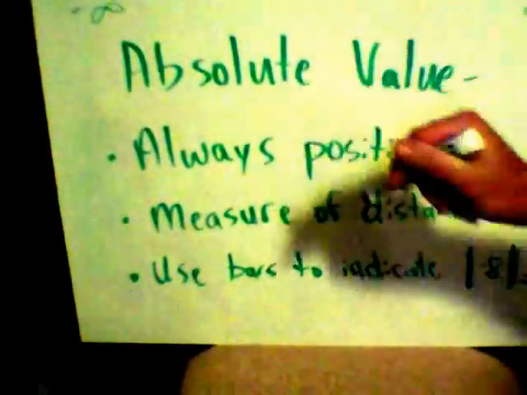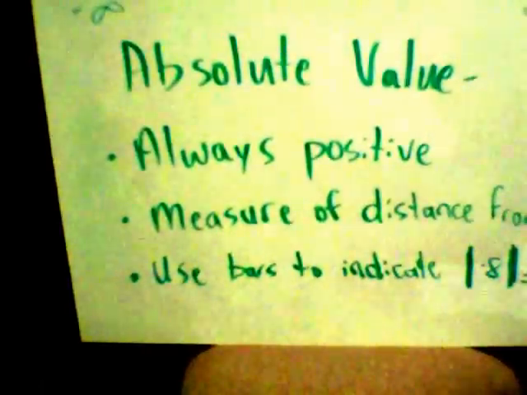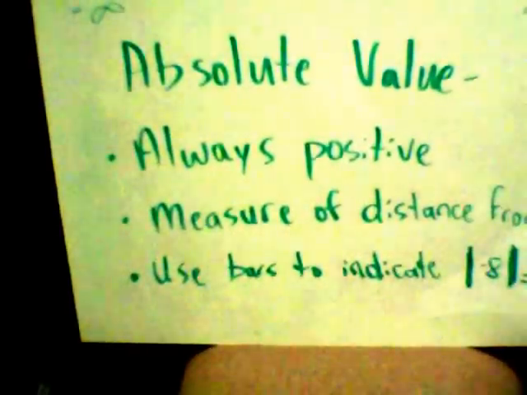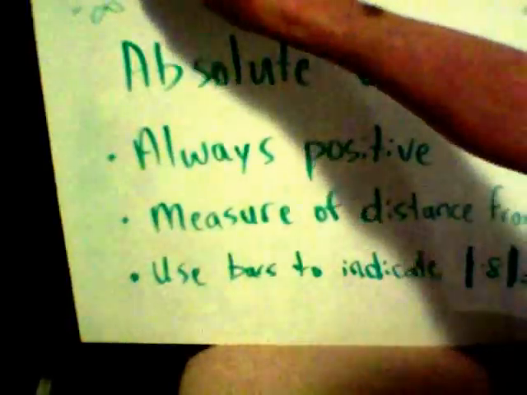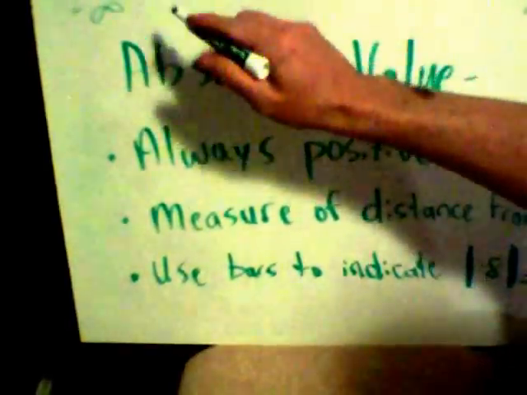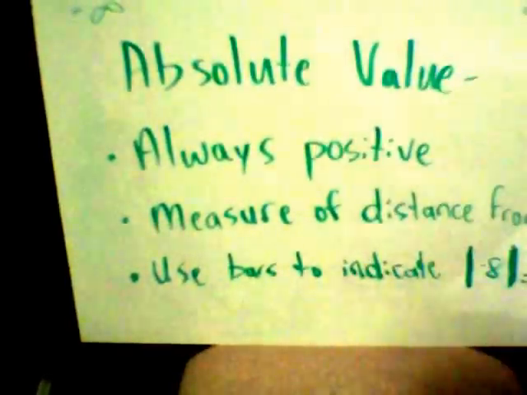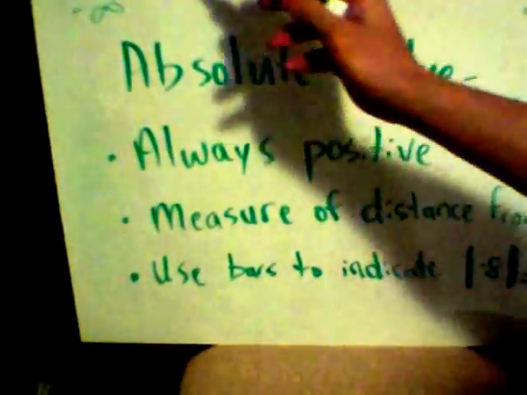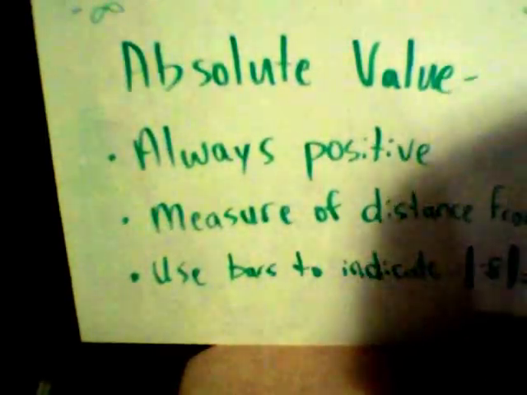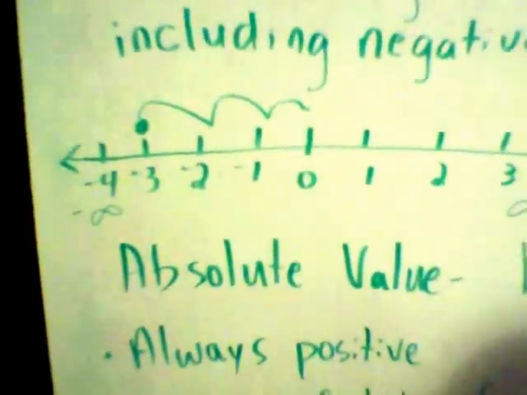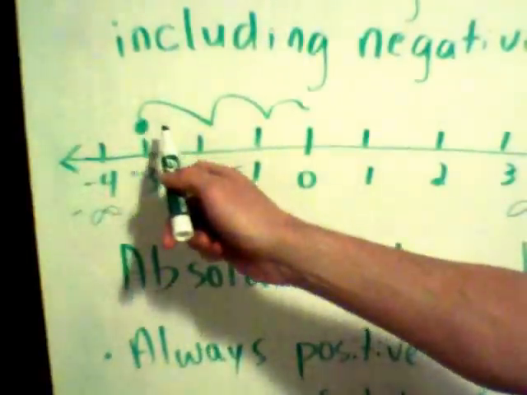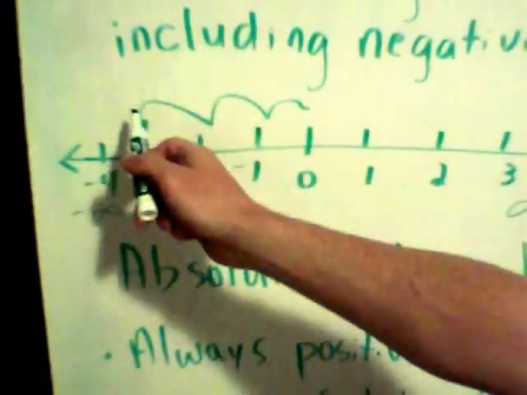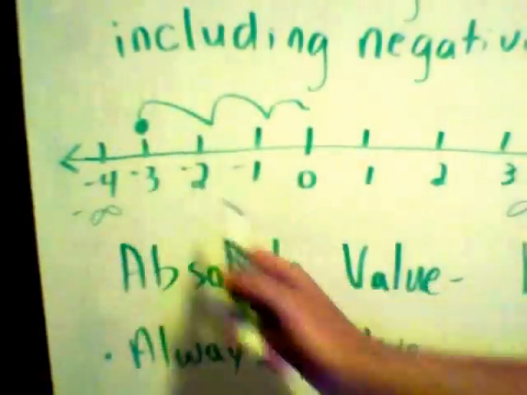If I wanted to find out what the absolute value of -3 would be, I would start at 0 and say 1, 2, 3. So the distance between these 2 points is just 3. Even though we happen to be going on the number line 3 units to the left, I'm still going 3 steps. I just happen to be going to the left, the negative numbers.